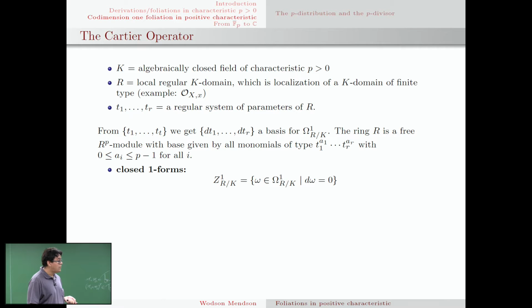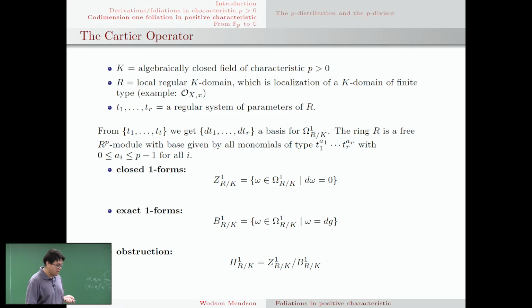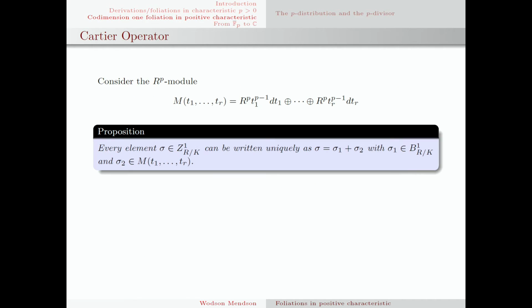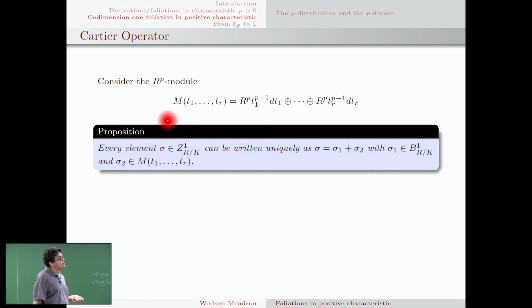We have closed forms, we have exact forms, and we have the obstruction, the first homology group. We consider this R^p-module, defined in this way. And there is a proposition which says that every closed one-form can be expressed as a sum of two forms: the first is an exact form and the second lives in this module.